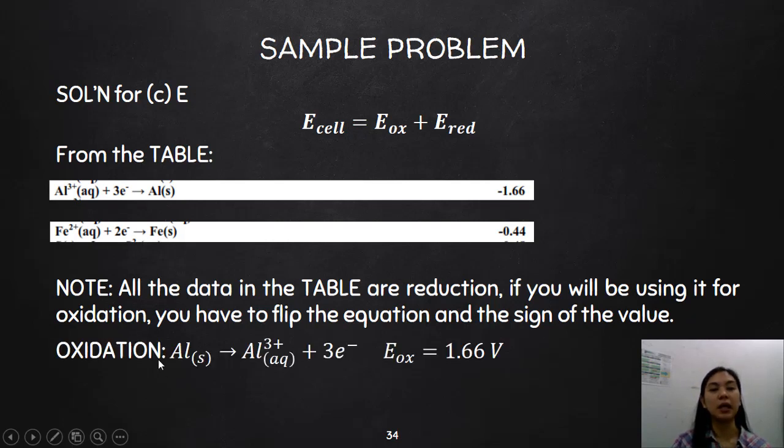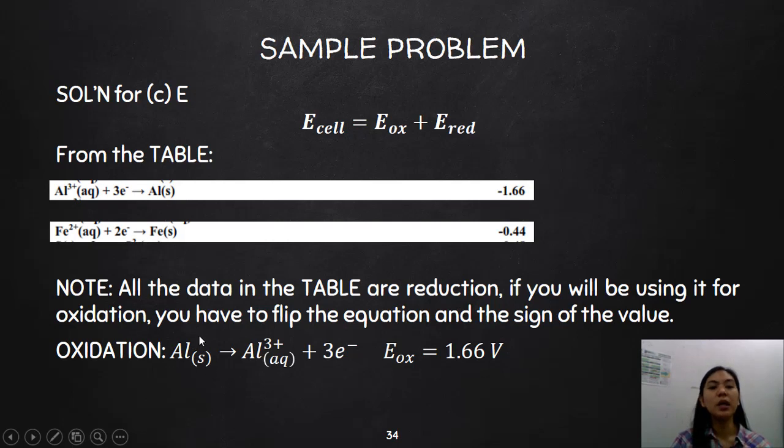Diba yung aluminum natin, siya po yung oxidation. Basing it from the reduction table, dapat daw pag oxidation yung reaction, if-flip mo yung equation. Diba ganito yung nasa reduction table, and then since oxidation yung reaction, you have to flip it. So, flip ko lang po yung equation. Diba ito kasi nasa reactant side, tapos ito nasa product side. So, binaliktad ko lang.